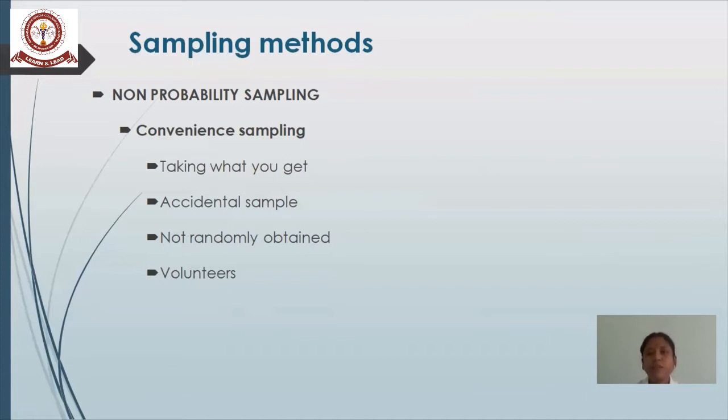For example, if we are conducting a study among school children, we'll just see who all are present on that particular day, and if we do a study, then it is convenience sampling because we are doing it at our own convenience and we are not taking any sampling frame or doing any random selection. We are just asking the volunteers who are willing to participate in the study and who are all present. So that is a type of convenience sampling.